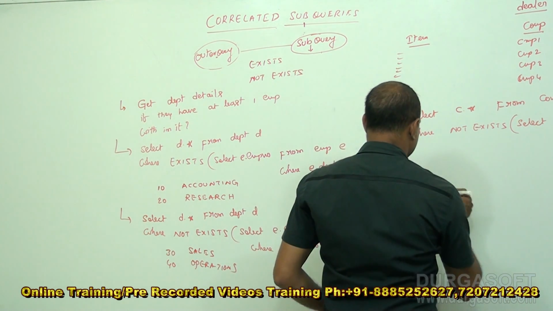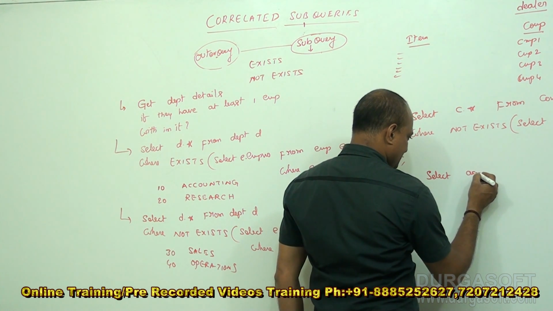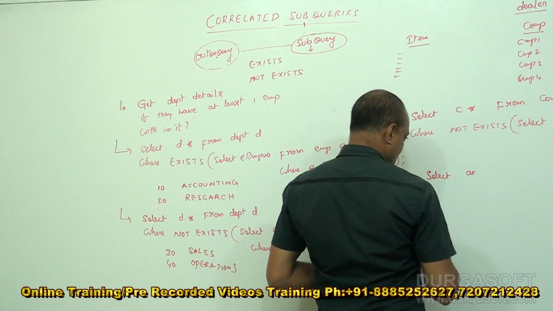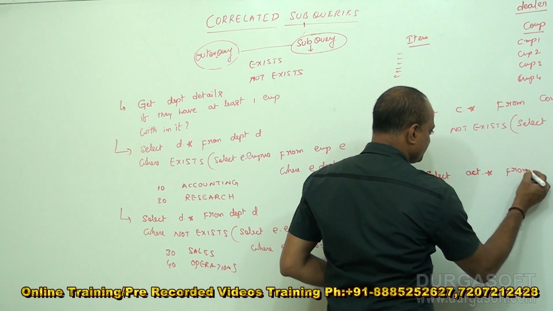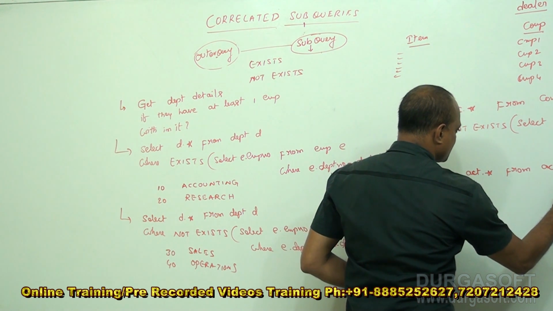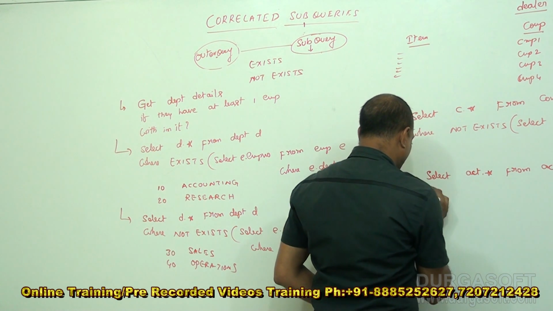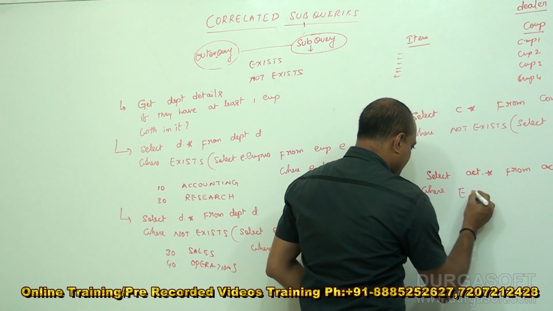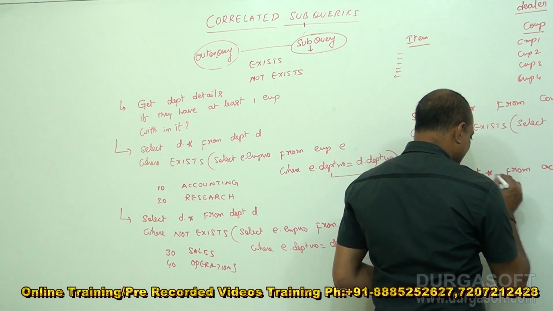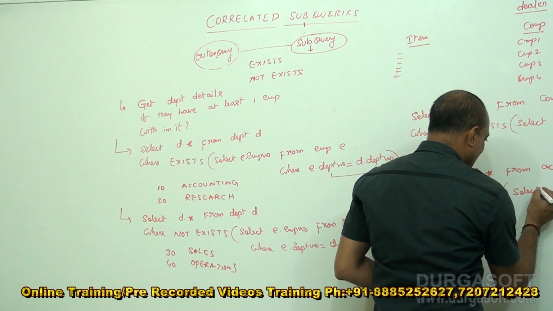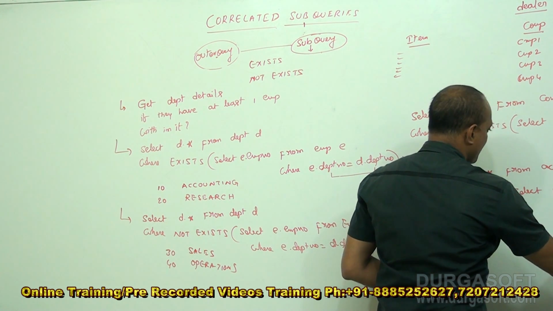Simple. Banking scenario: select account dot star from account types ACT, where I want to find out whether at least one customer existed for an account type, then display that account detail. Select one from, what is the table name?